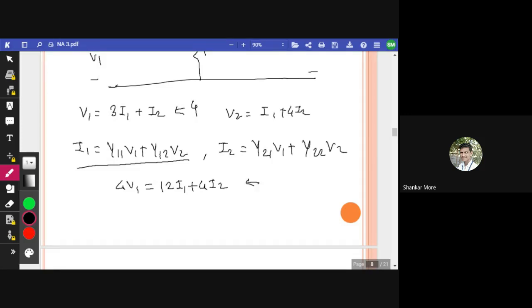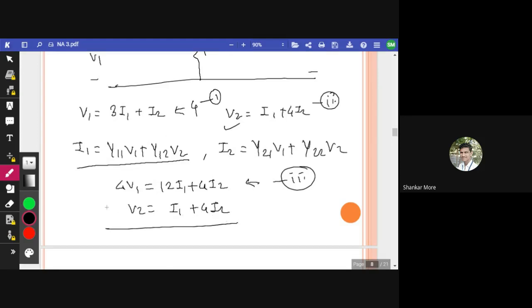So this is my new equation. Now what I will do, I will subtract this V2 equation. Let us suppose this is the first equation, this is the second equation, and this is the third one. So I will subtract the second equation from the third one. So V2 is equal to I1 plus 4I2, and we subtract this, so this gets cancelled.